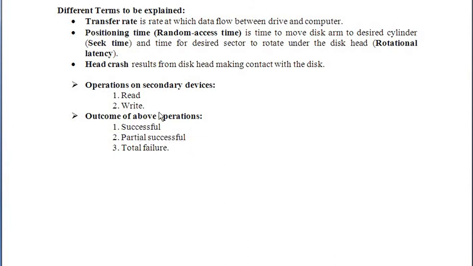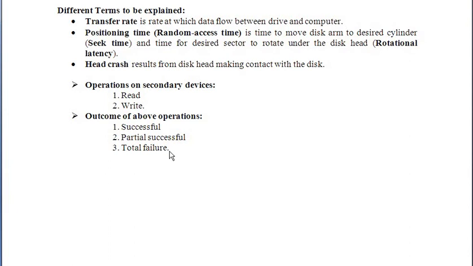Partial means some of the information may not be read, or you may not get it because of a head crash, or because some part of the platter is not working properly. That means we won't get that information from the disk. That is what is called partially successful.